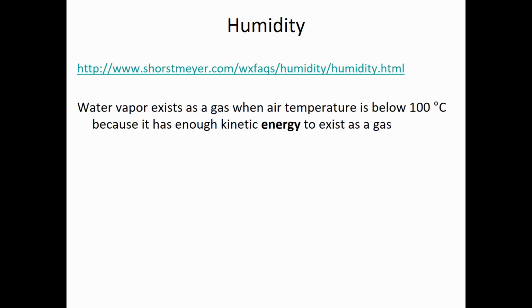And so you can probably guess that if we had a pan of water and we took it to the Gobi Desert, which is very, very dry, then at the same temperature and the same solar radiation, that pan of water is going to evaporate more quickly in a dry environment than it would in a humid environment.